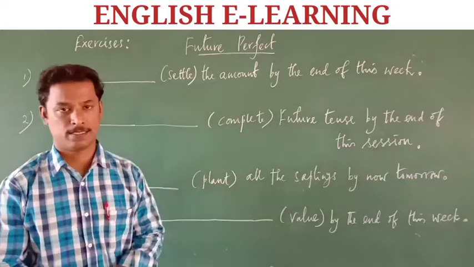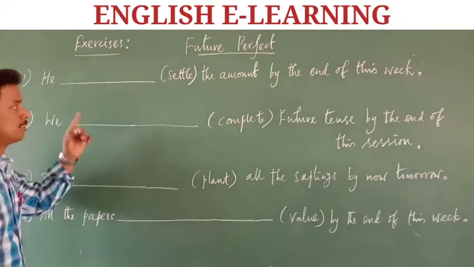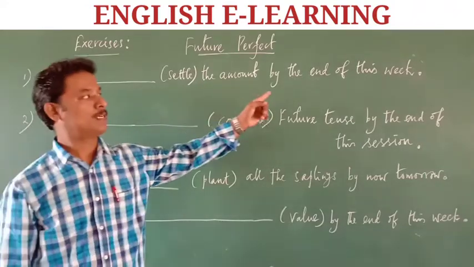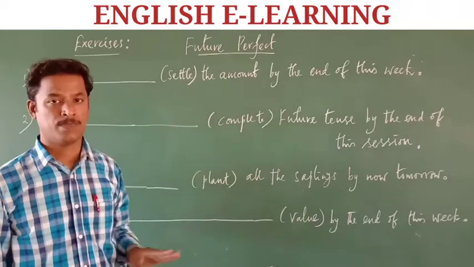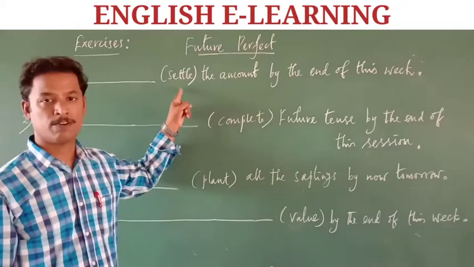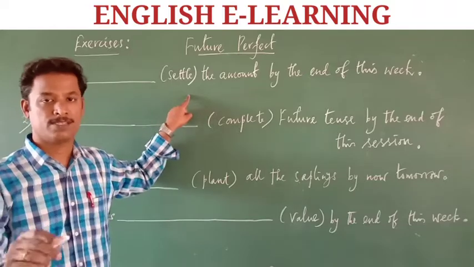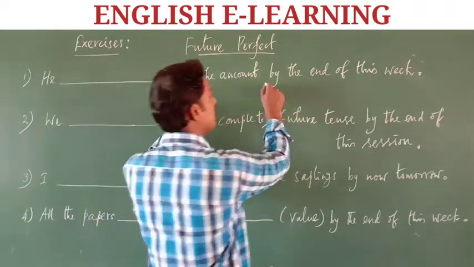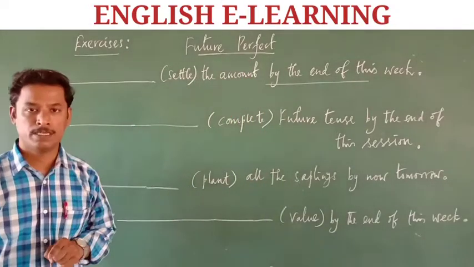Let's do some exercises for this future perfect. First one. He dash the amount by the end of this week. The given verb is settled. We must use the proper tense form for this sentence using this base form settled. Look at the keyword by the end of this week. By the end of.